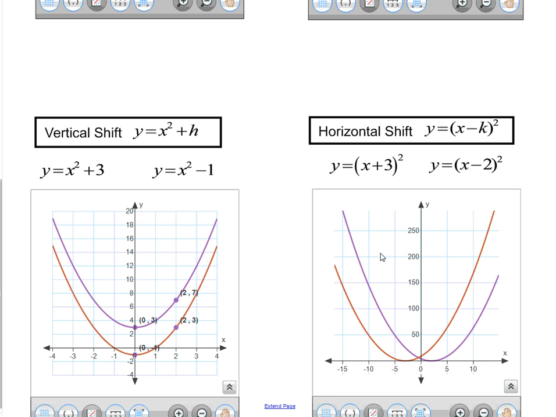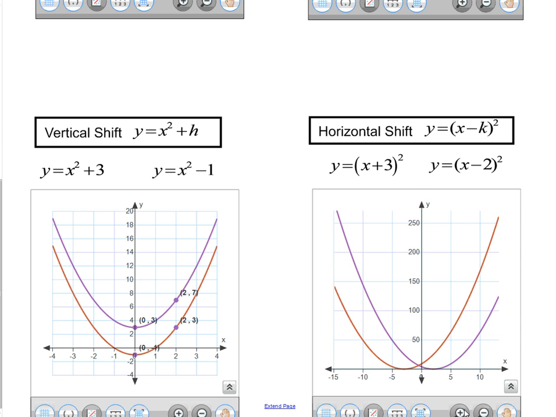Very close right here. In this graph in orange, y equals x plus 3 quantity squared, the vertex will be at the point negative 3, 0. The way you think about that is, what value could you put in for x to get 0 out? And the answer is negative 3. So our graph right here should be passing through the point negative 3, 0. I don't know why this one is showing that it is not.